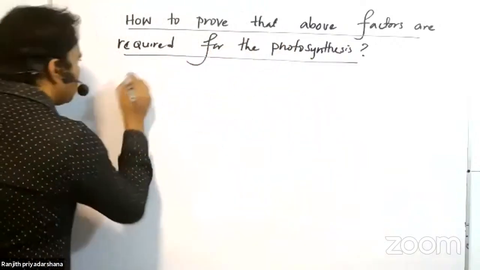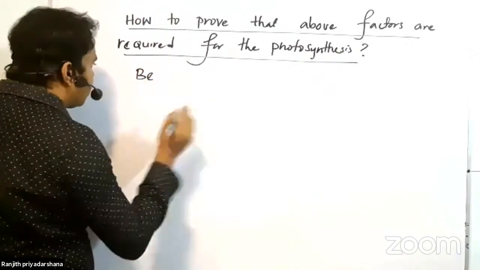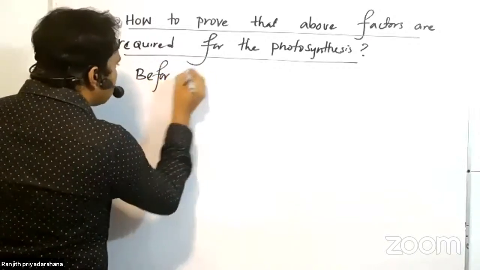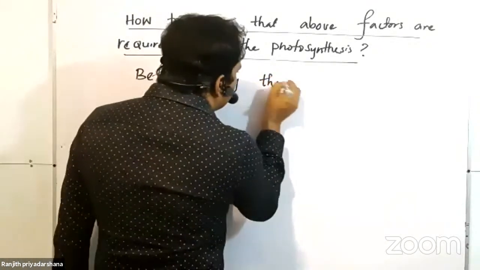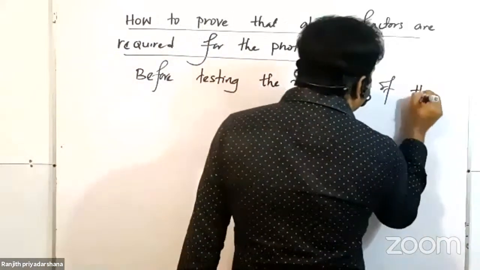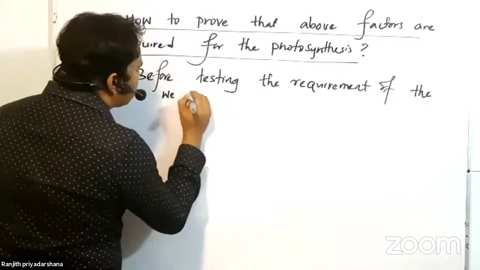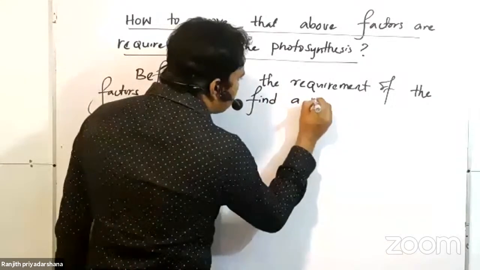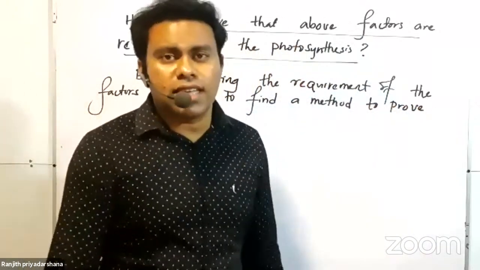So under that, the next subtopic: before testing the requirement of the factors, we have to find a method to prove that photosynthesis has taken place.